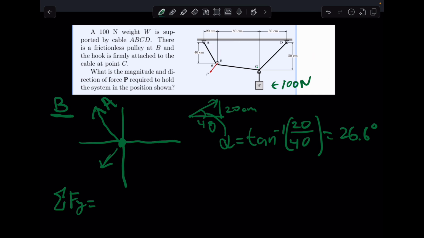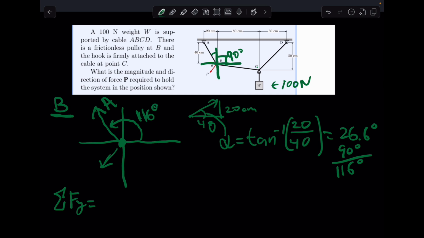Now, imagine we have an orthogonal regular graph here. This is 90 degrees because it's a right angle, plus the 26.6 from here. That gives us 116 degrees. So the angle from here to here is 116 degrees.